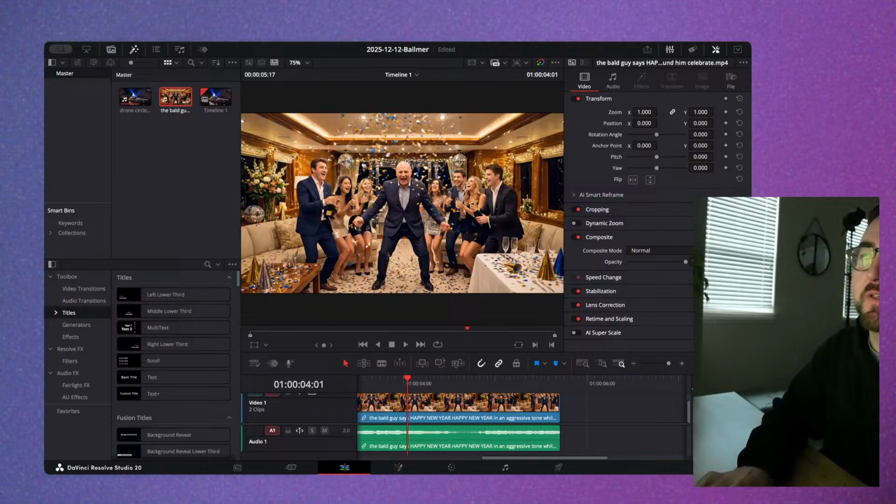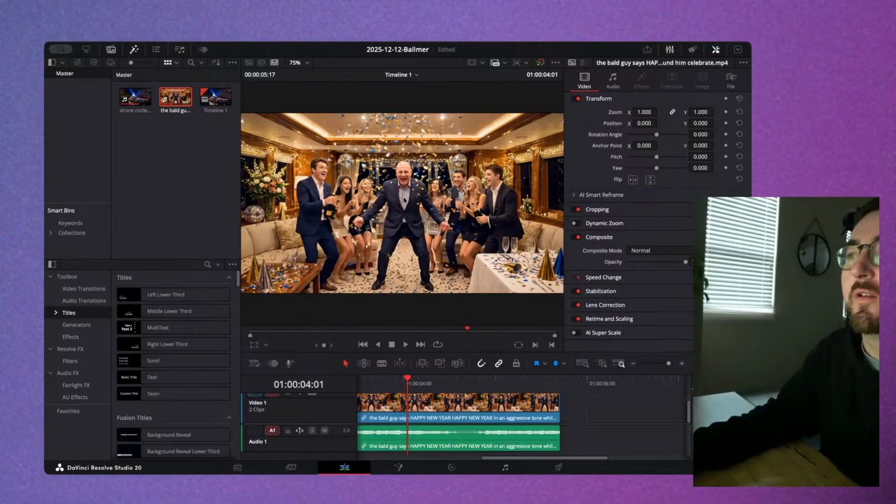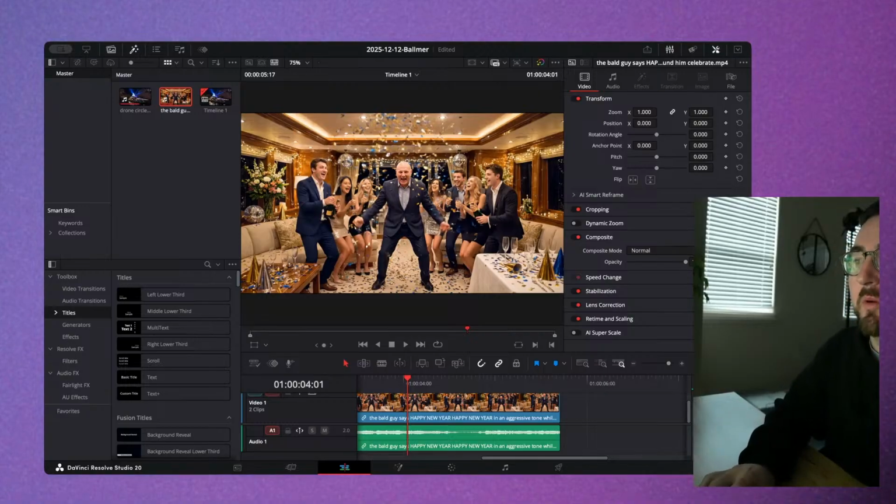Change this image so that the... what would you call this person? A crew member. Crew member is handing a phone to Steve Ballmer.